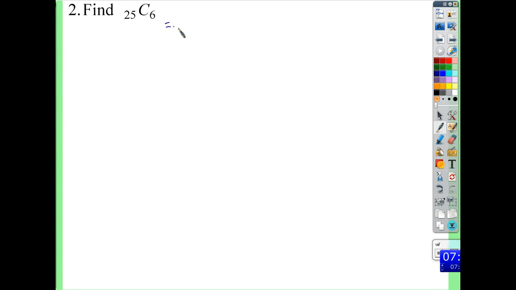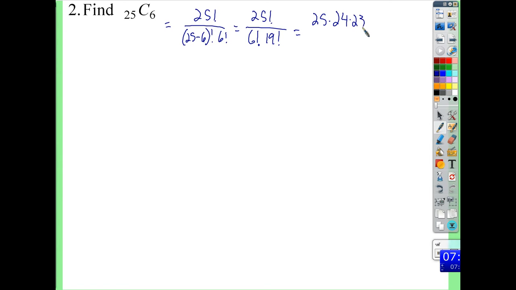So according to the formula, this would be 25 factorial over (25 minus 6) factorial times 6 factorial. That's 6 factorial times 19 factorial. So that makes it 25 times 24 times 23 times 22 times 21 times 20 times 19 all the way down to 1.